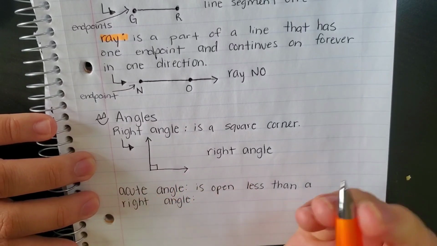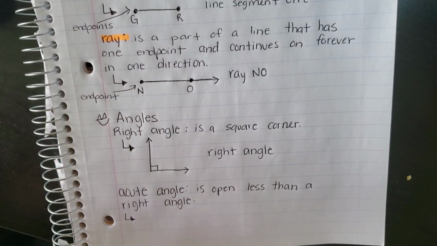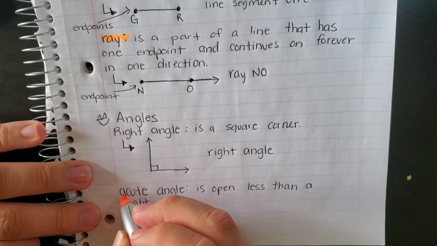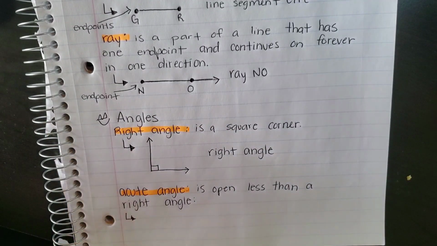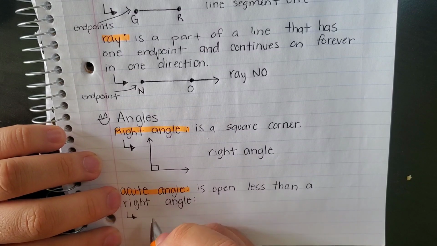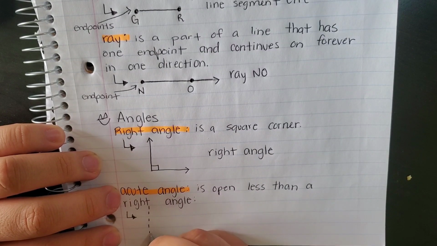Okay, so for acute, it sounds like cute, right? Like cute little things. So when you see the word acute angle, imagine that you're talking about something small. So we're going to go ahead and draw a right angle, right? That's a right angle.